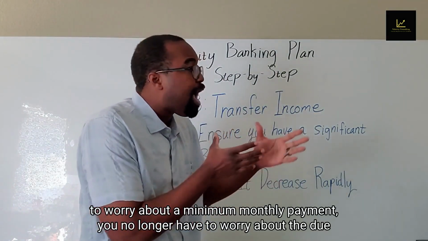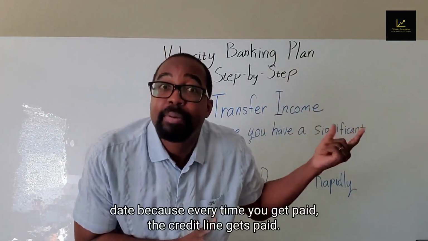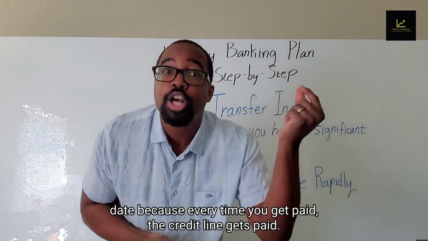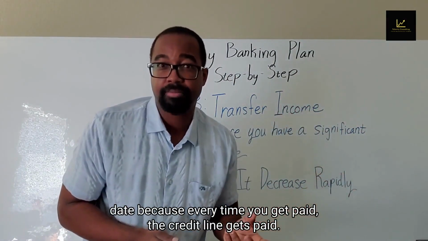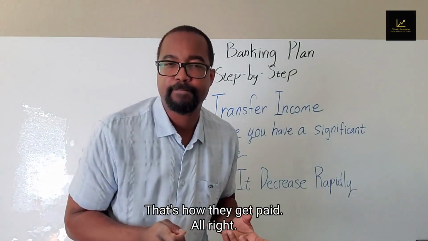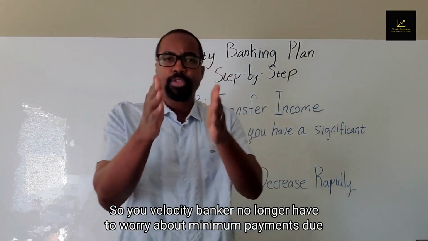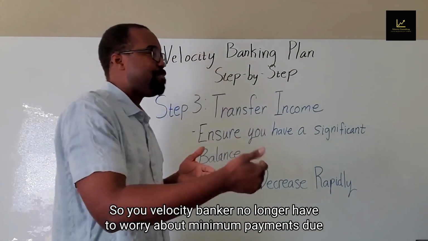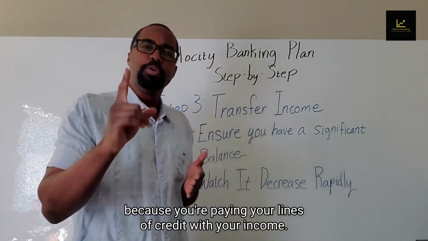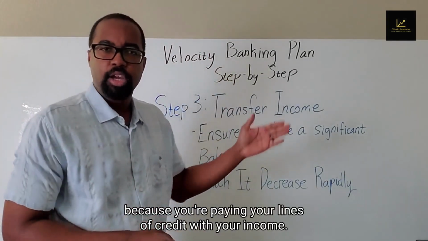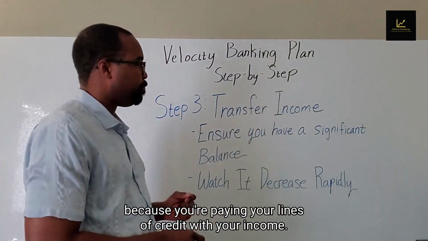You no longer have to worry about the due date, because every time you get paid, the credit line gets paid. That's how they get paid. So you, Velocity Banker, no longer have to worry about minimum payments due, because you're paying your lines of credit with your income.